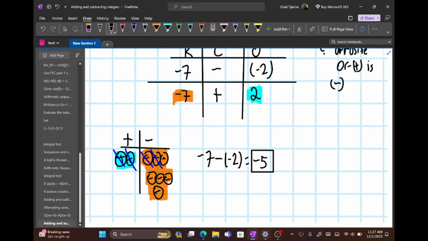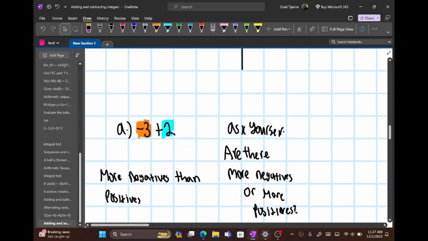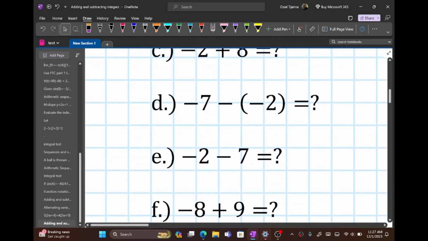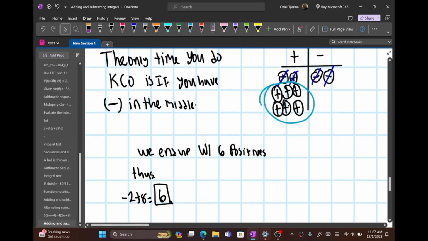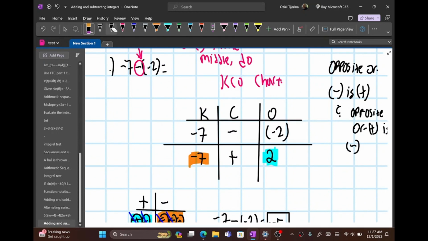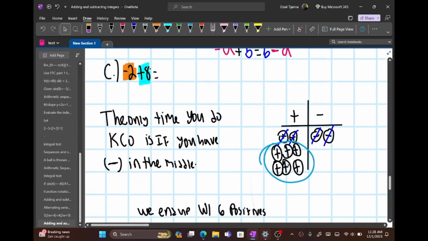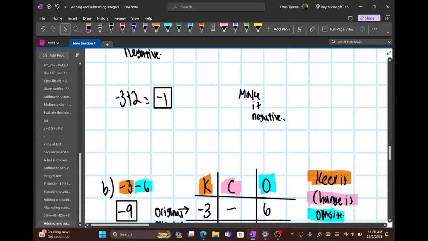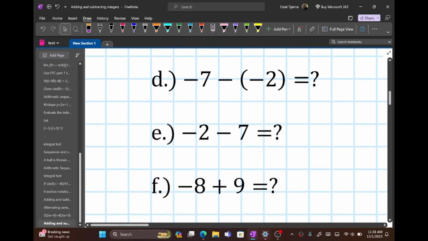So that is how we do that one, okay, guys? And now let's look at part E. This was part D, excuse me. And so part E is the following: negative 2 minus 7.